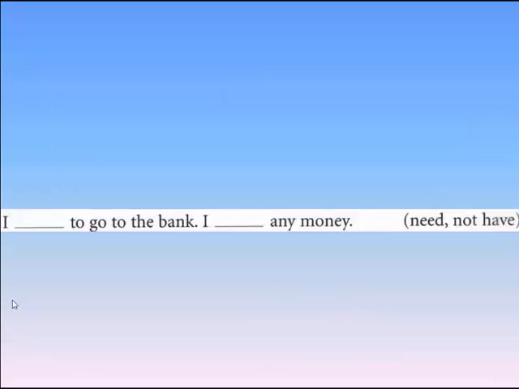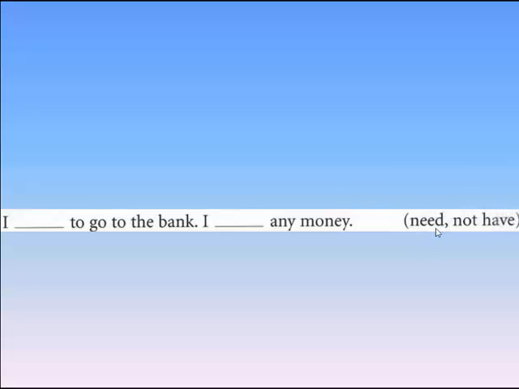In this exercise, I am to go to the bank. I am any money. And I need to use the verbs need and have and negative. Have with money is possession, and need. There was something specific about the verb need and the verb have as possession.